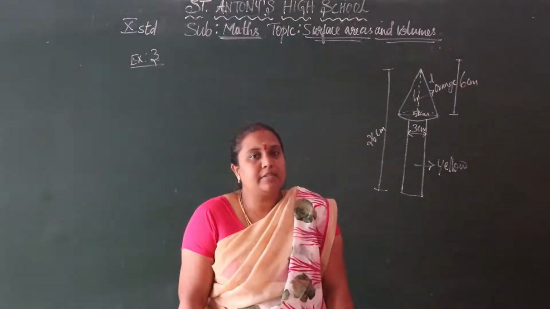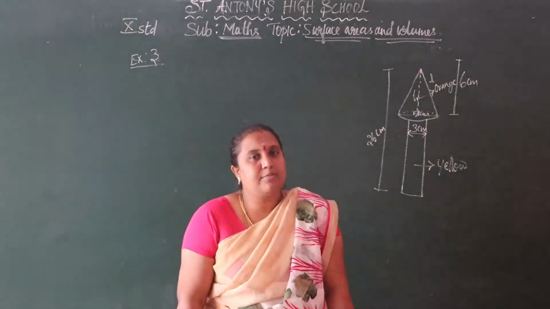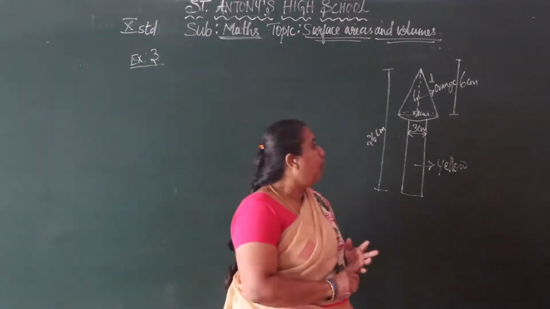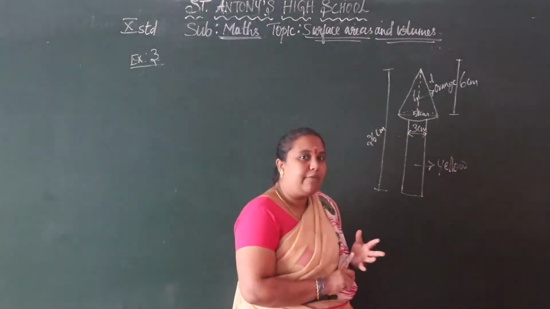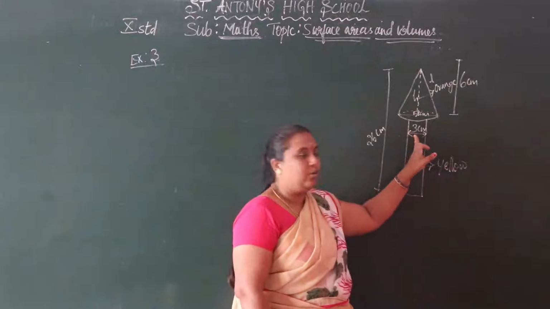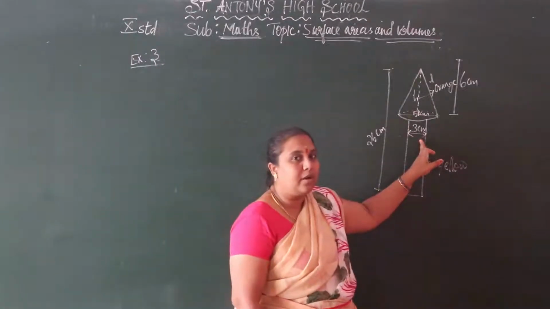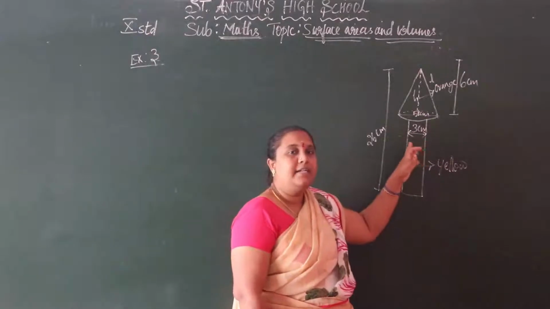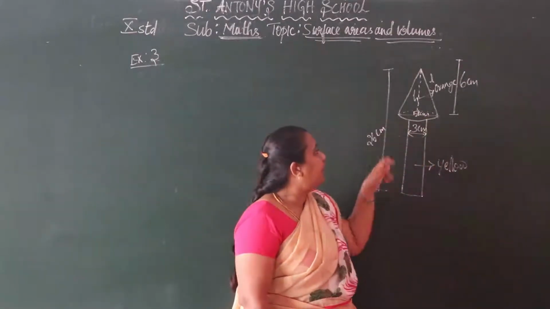What is the formula for the CSA of a cylinder? It is 2 pi r h. We know r: the diameter is 3 centimeters, so r is 1.5 centimeters. We also know h, the height of the cylinder.